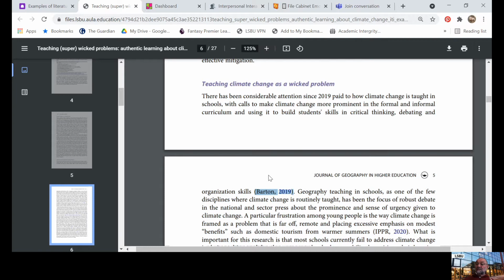That doesn't require any further interpretation, as the writers of this journal article don't have to say this means that, or our understanding of this is as follows. You don't need to do that, because already their summary of what Barton has said does that job for them.